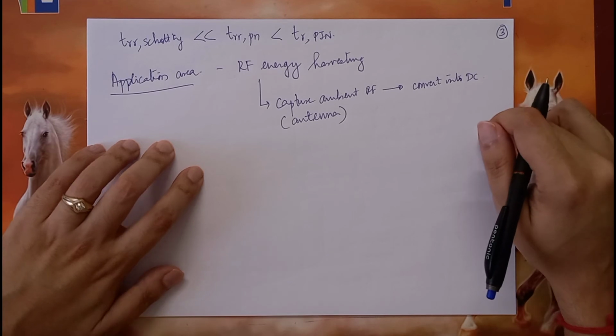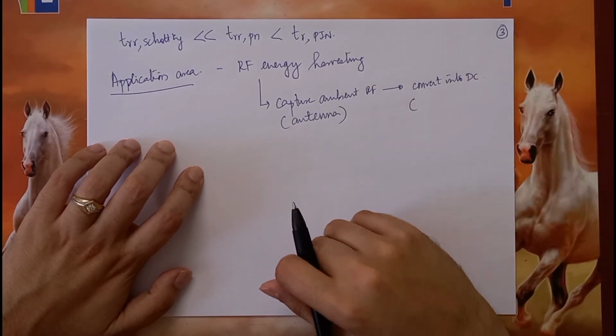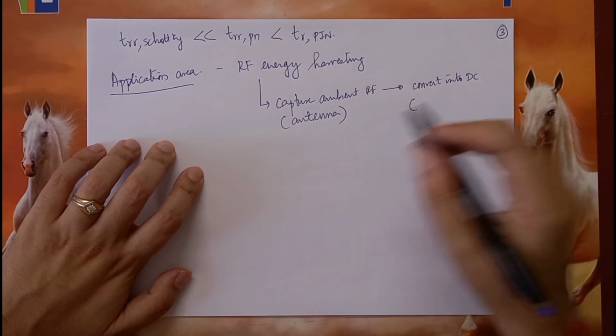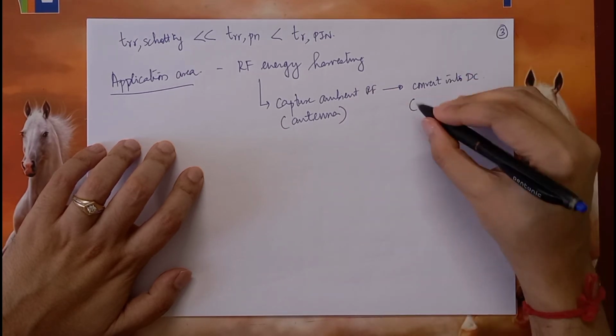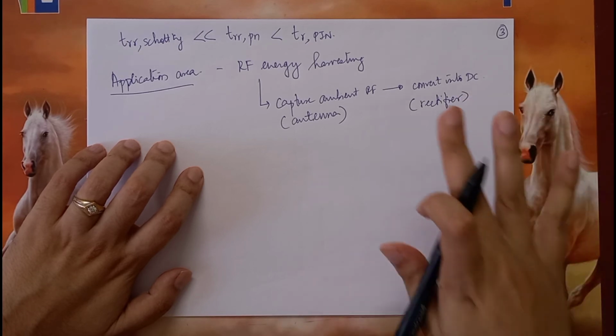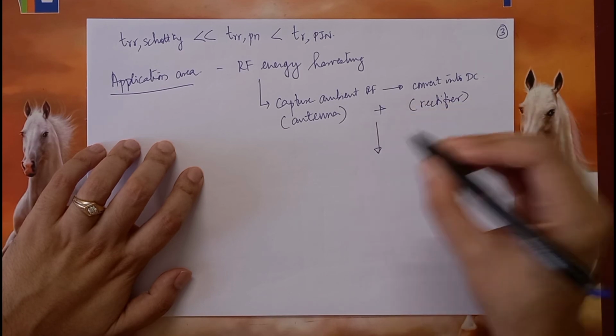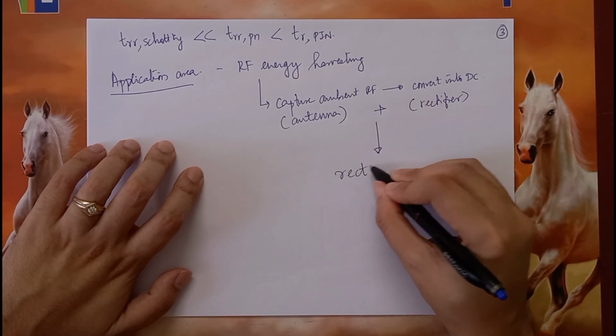And to convert it into DC, we will need an AC to DC converter, because the RF signals are alternating in nature. The AC to DC converter is also called a rectifier. So the rectifier plus antenna configuration, if you add these two, is called a rectenna.